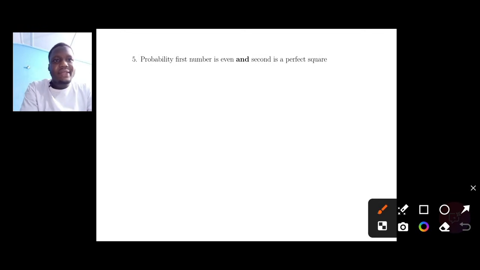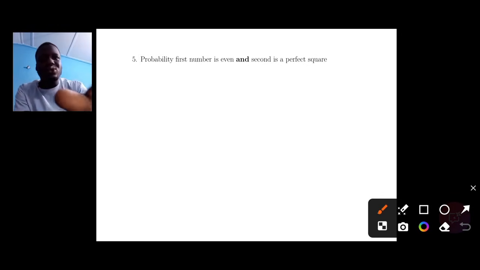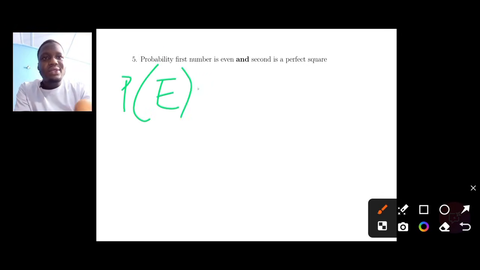The first number is even, and so this one you are lucky that the "and" has been bolded for you. So the first one is an even number, and the second one is a perfect square. So let's first know the probability of getting an even number on the first one.